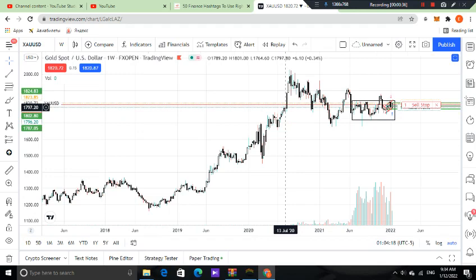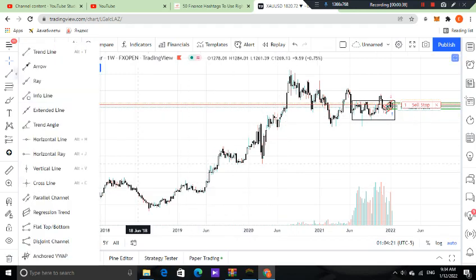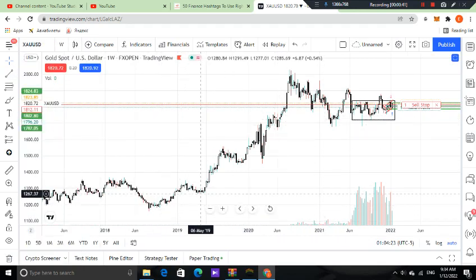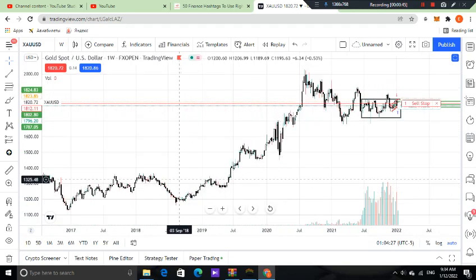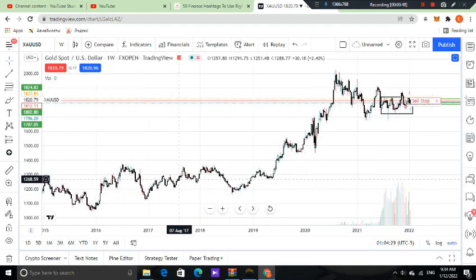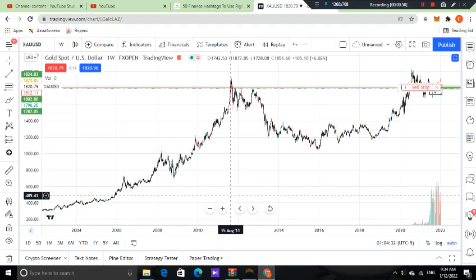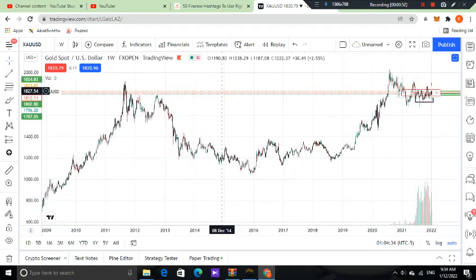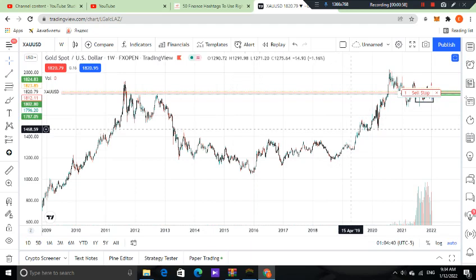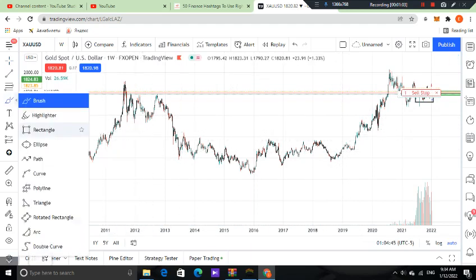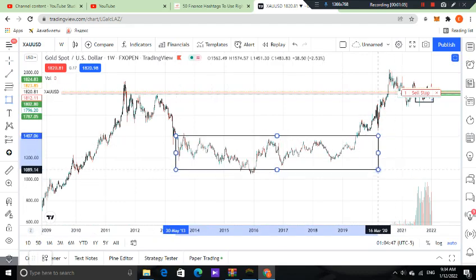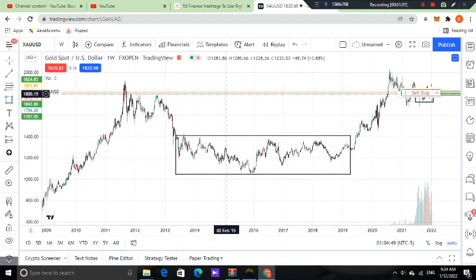Before that we had the uptrend, since, let's say, 2018, and before that a trading range, since 2013 till 2018, 2019. Here, let's clarify it and determine it.